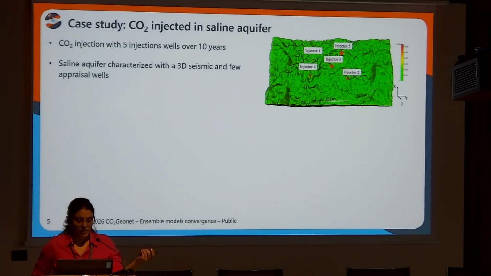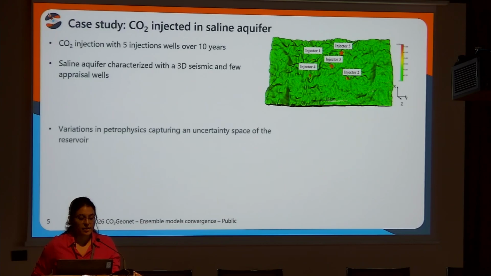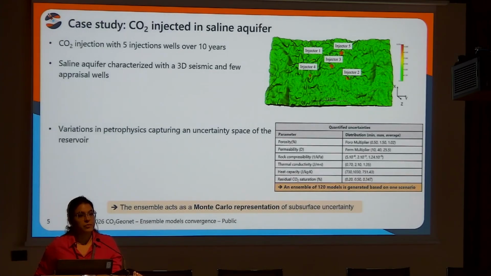We assume that we have a few information on this field, and we derive several models out of some variation in the petrophysical domain. Thanks to this slight variation in porosity, permeability, and so on, we reach an ensemble model of 120 models. Here we could see that as a Monte Carlo kind of representation of subsurface uncertainty. And we want to keep it that way.